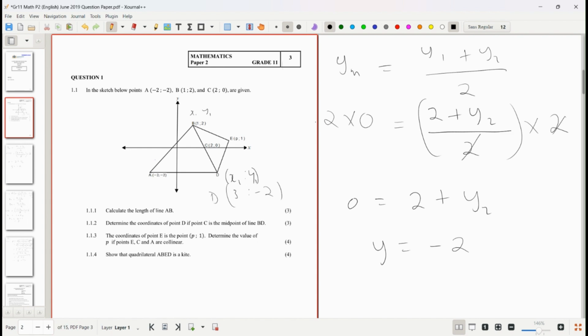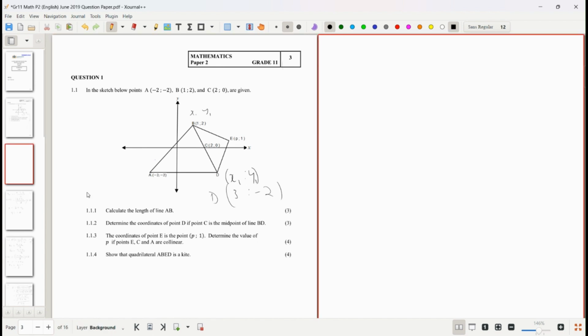And then moving forward, we are asked for the coordinates of point E. We're told the coordinates of point E are (p, 1), right? We're given that. Now they ask us to determine the value of p if E, C, and A are collinear, right?